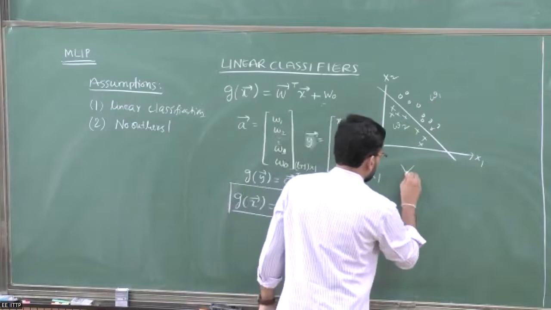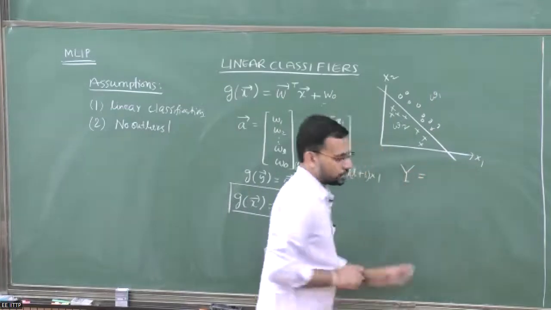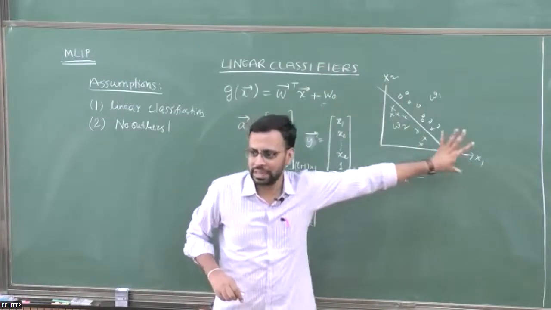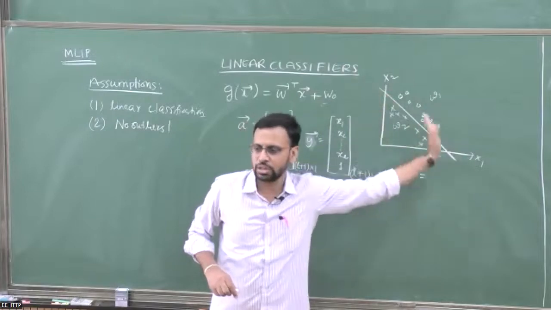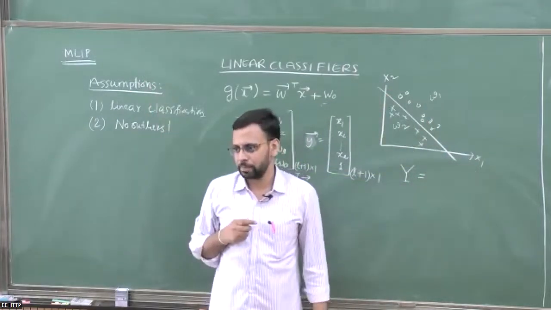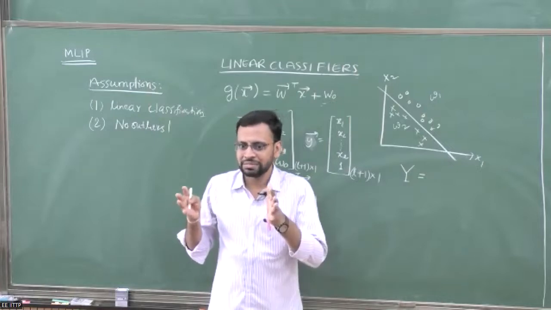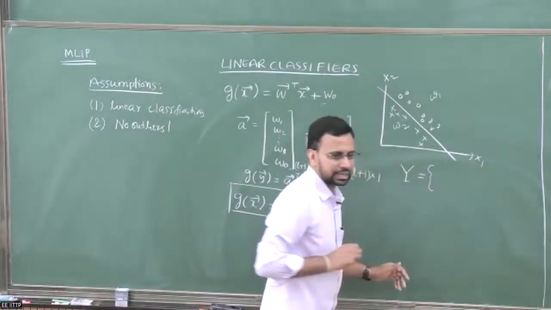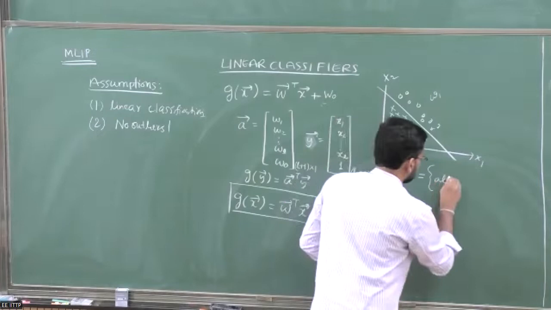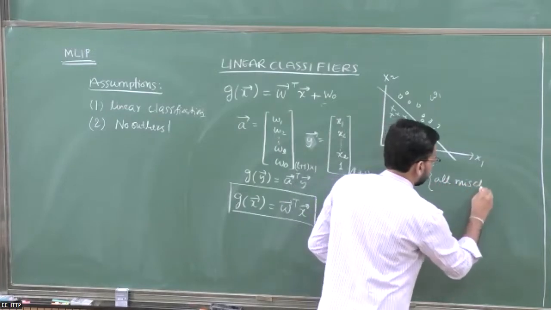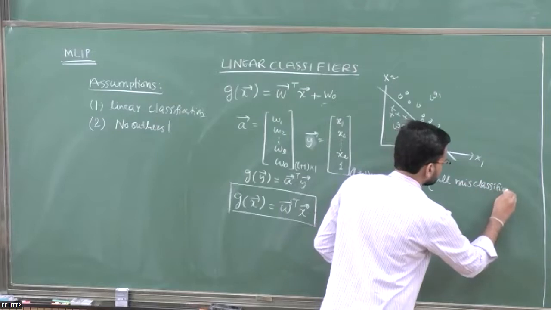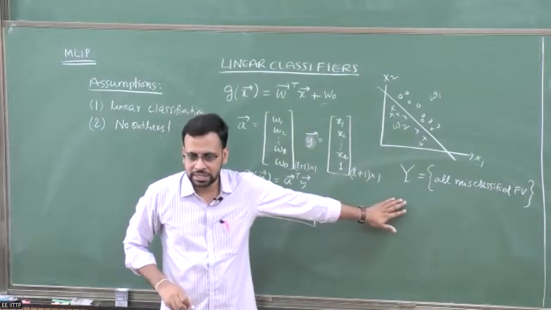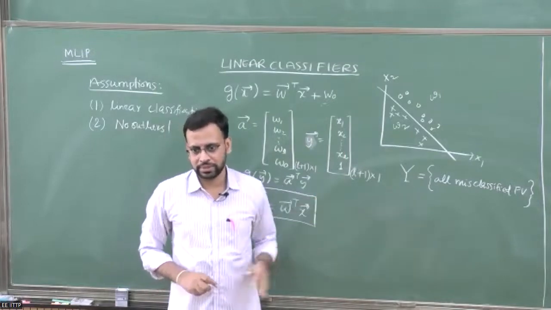Now, as one of you has mentioned, you first come up with some random line. Again, let us restrict to just a two-dimensional case. Assume that you have come up with some random line. Then there are some misclassified feature vectors out there. Let us define y as the set of all misclassified feature vectors.